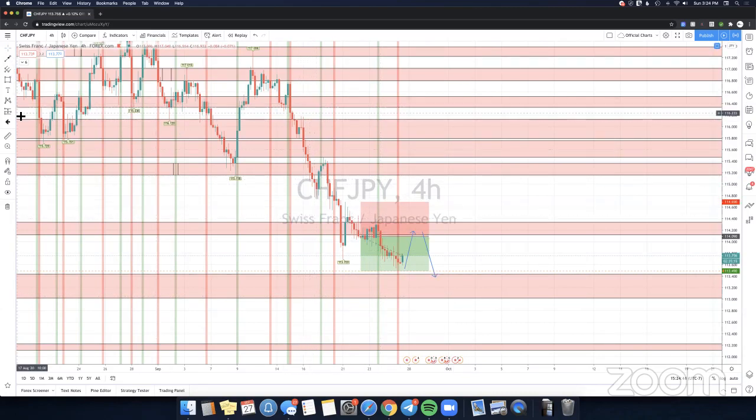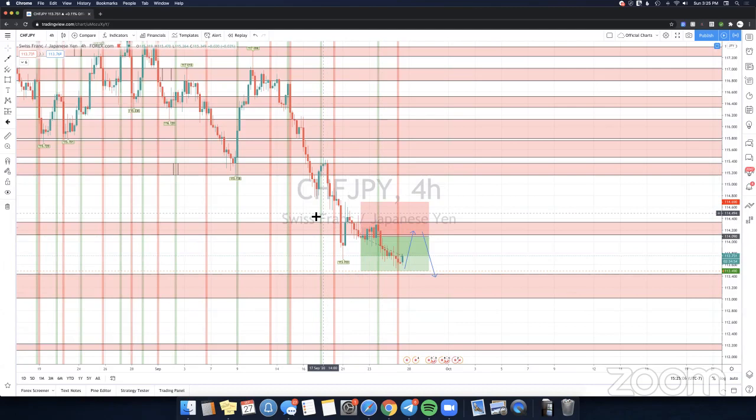It retraced up a little bit, but what ended up happening, it came down to this zone over here. So once price breaks this zone down here, it's probably going to continue down further to this next zone. Or if price breaks the zone up here, it's going to probably come up and test this zone over here.